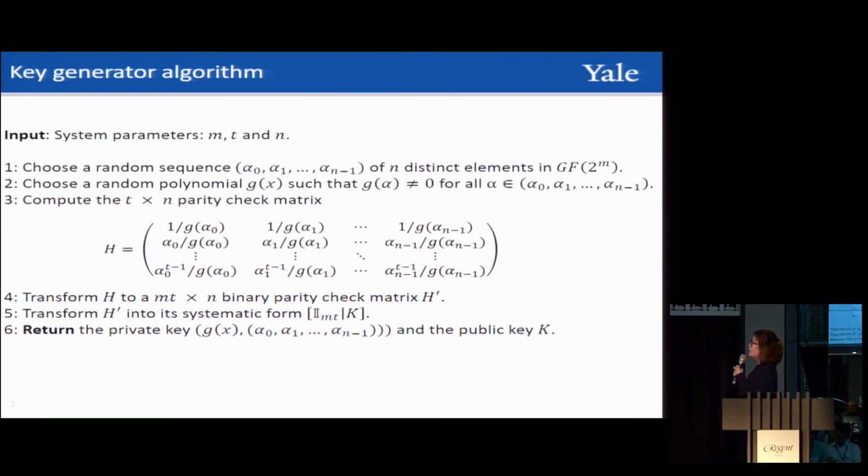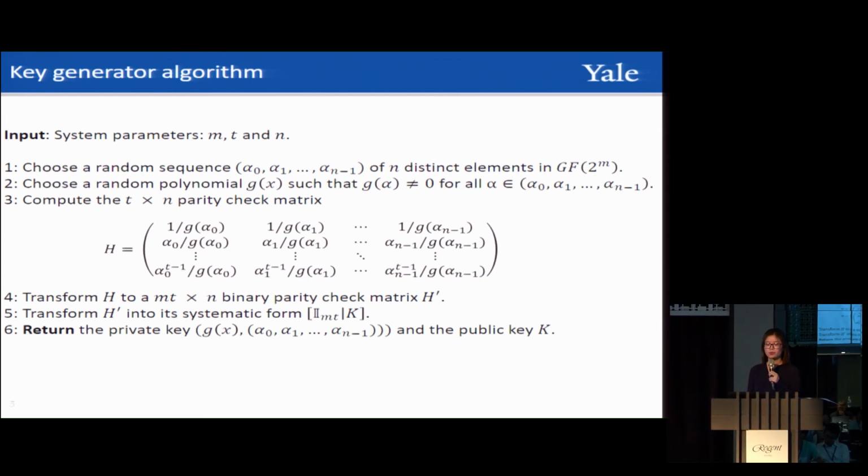So if you go through the algorithm, you can see that we need 3 main modules to finish the computation. So first, you need a module to generate the random sequence, which is the code locator. And then you need a module to do the polynomial evaluation, which is needed for calculating the parity check matrix.